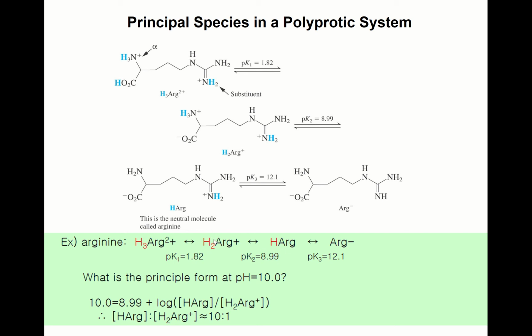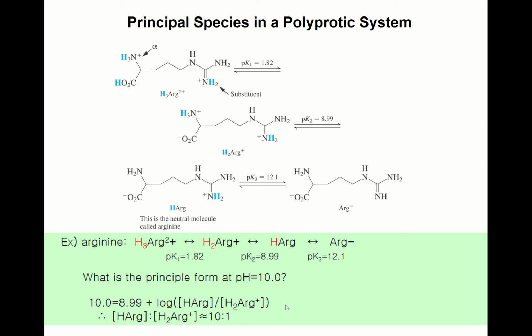Then we can calculate the ratio of these two species, which is 10 to 1.